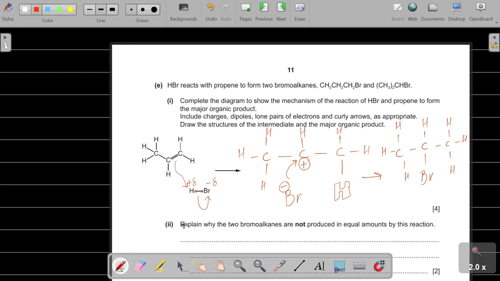Suppose I have this structure, carbon with this hydrogen, hydrogen and this hydrogen, and another carbon with this hydrogen, double bond with this CH2. Suppose this HBr is attacking this hydrogen, the bond is broken. For example, I am attaching this hydrogen with this carbon now.